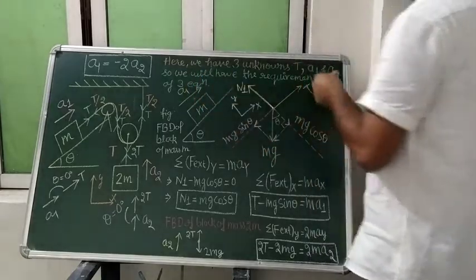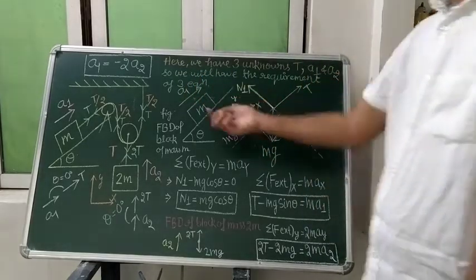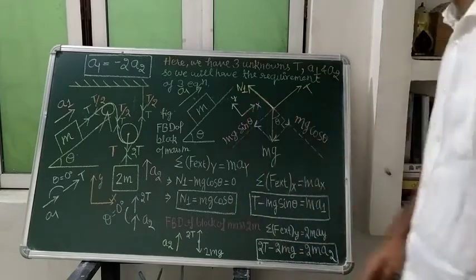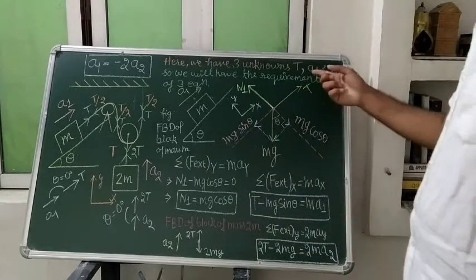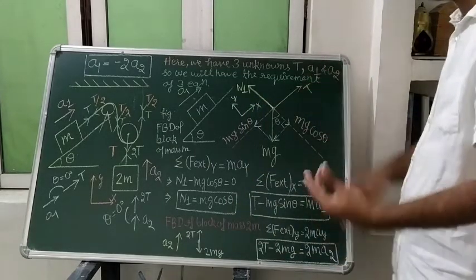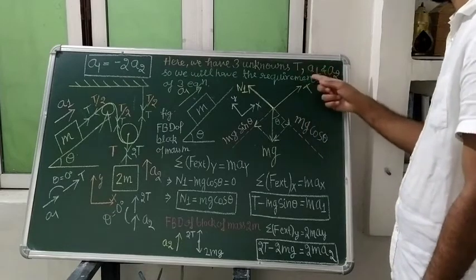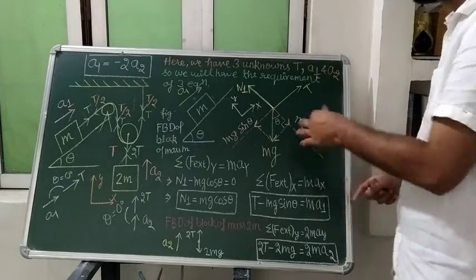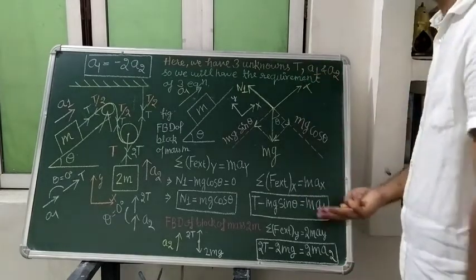If there are three unknowns, of course the masses of the blocks will be given in the problem, and here T, A1 and A2 are the unknowns, so we will need three equations.